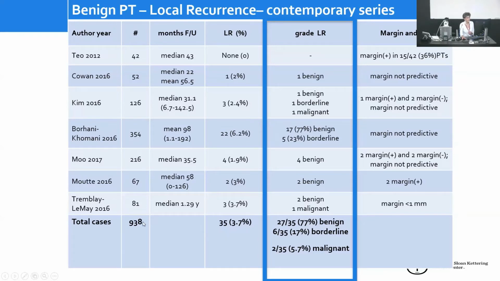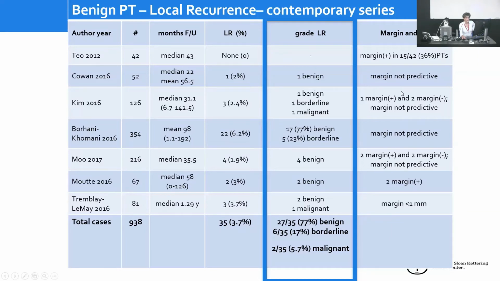Out of nearly 1,000 cases, only 2 developed higher grade morphology and recurred as malignant. And some of these cases had, in retrospect, some borderline features like heterologous elements that had not been initially identified or recognized. That's what the investigators say in their discussion of the paper.